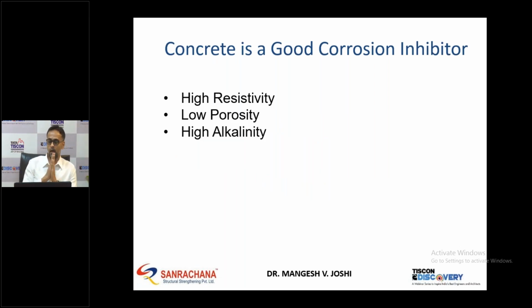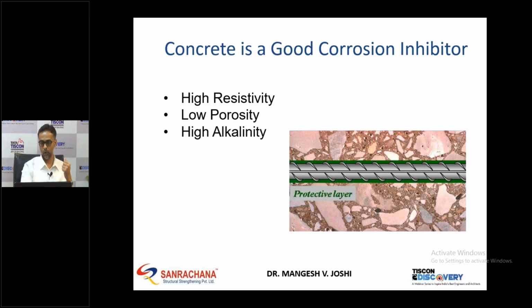So in the case of RCC, it's interesting because concrete is like a stone, so concrete doesn't corrode. The issue is with steel. Rather, concrete is a very good corrosion inhibitor. It has very high resistivity, low porosity, and high alkalinity, which are very conducive for metal, and there should not be any problem to the metal if it is maintained.